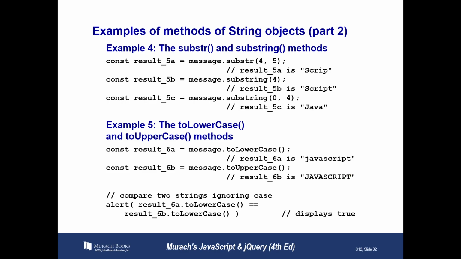However, if we want to compare 2 string objects and ignore their case, I could take result 6a, which was this one, lowercase JavaScript, test to see if it's equal to result 6b, which is this JavaScript, but since I converted them both to lowercase, it's going to say yes, they're equal because it's comparing the lowercase version. So converting both things you want to compare to lowercase or converting them both to uppercase are great ways to see if a string is the same as another string while ignoring the case completely.